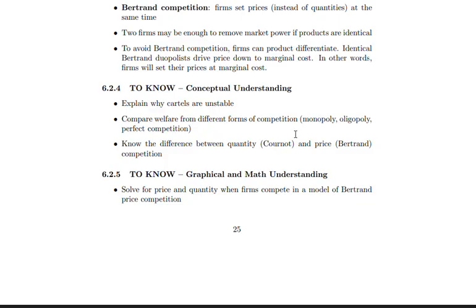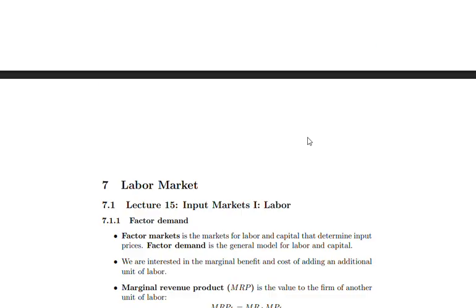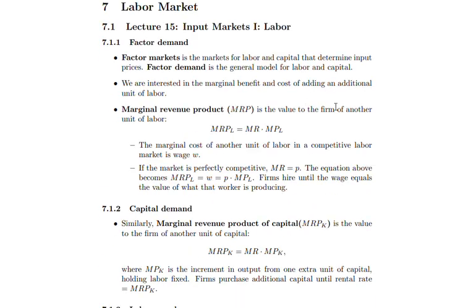Know the difference between quantity and price. The quantity model is Cournot, and the price model is Bertrand competition. Solve for the price and quantity when firms compete in the Cournot model and the Bertrand price competition model.